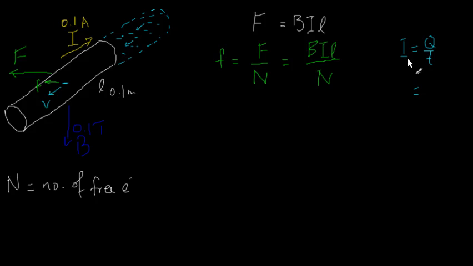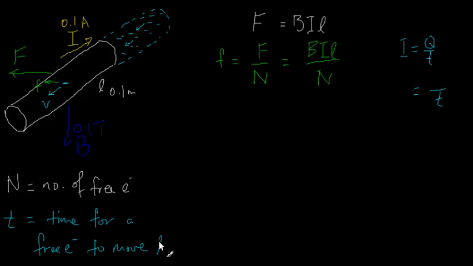Okay. So if time is the time taken to move over this distance L, let me write this out just here. It is equal to the time for a free electron to move over, let's say, L meters.